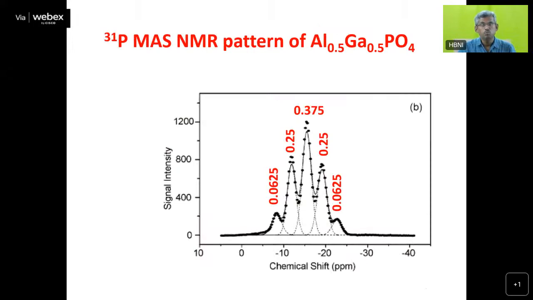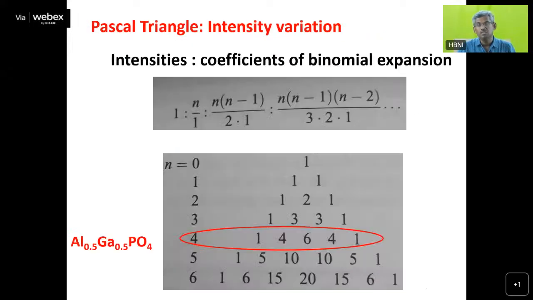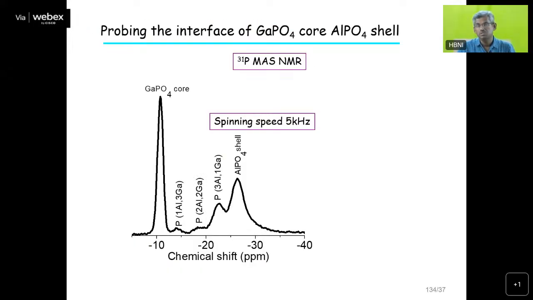In fact, one problem we solved in the class was for a 50-50 solid solution, aluminium 50% and gallium 50%: what are the different phosphorus structural units present in the lattice. It is quite a simple procedure.